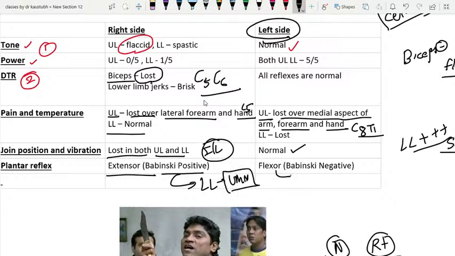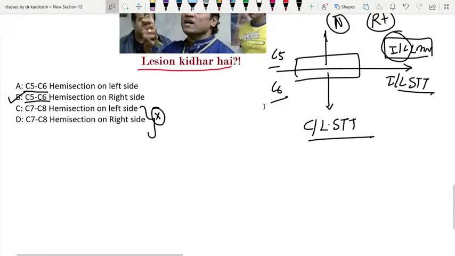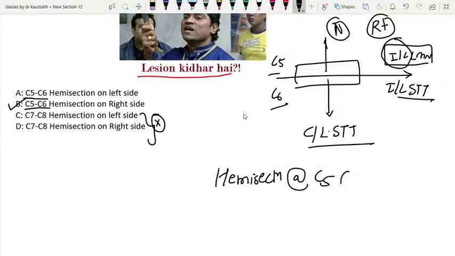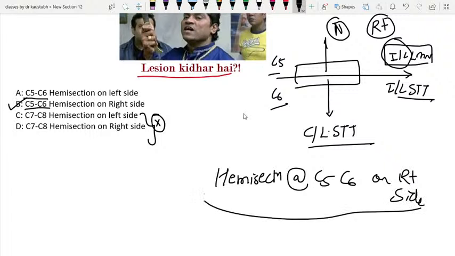On the left side flexor negative, this is absolutely normal, right? So now what is my diagnosis? To be specific, this is hemisection at C5 C6 on right side. This is how everything should be correlated.